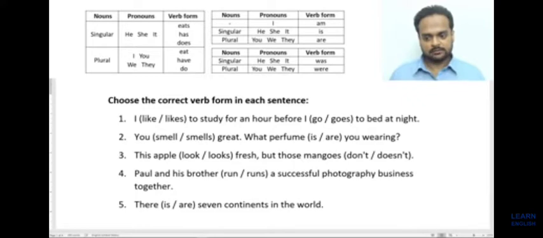We'll do a set of 5 first, and then we'll move on to the next set. All right, in each sentence, I want you to choose the correct verb form. So in each one, you see that there are 2 options at various places. I want you to choose the correct option in each case. Stop the video now, think about your answers, then play the video again and continue.